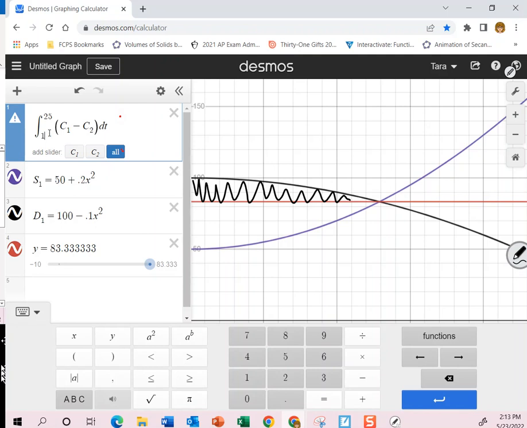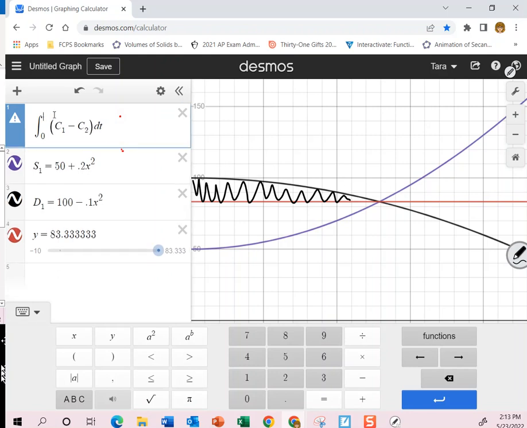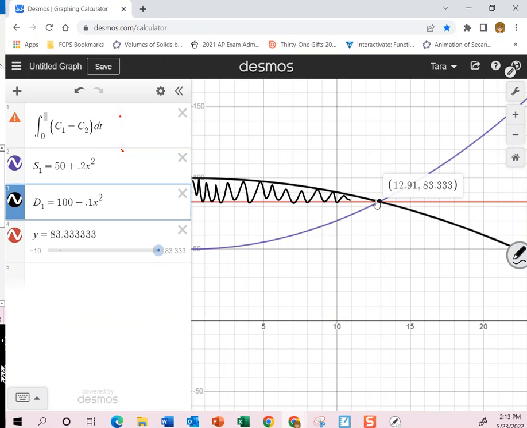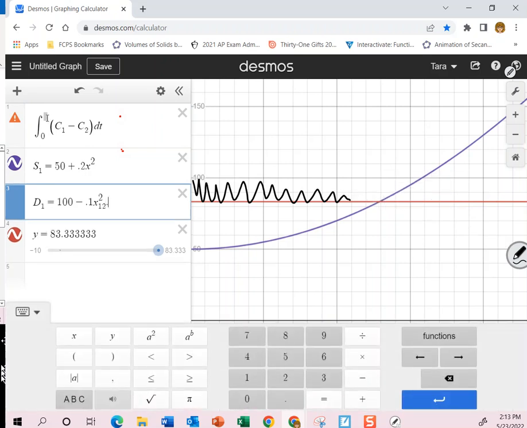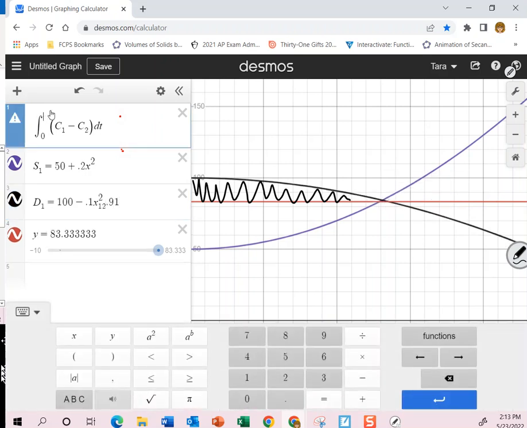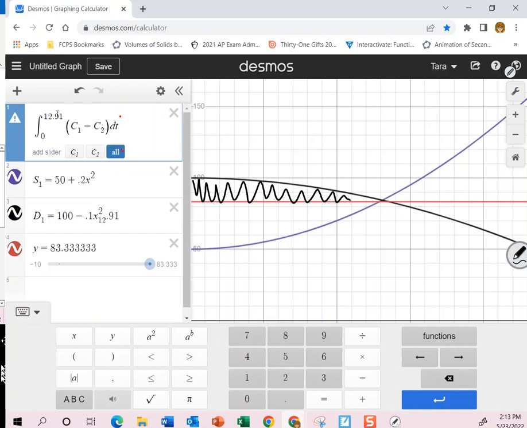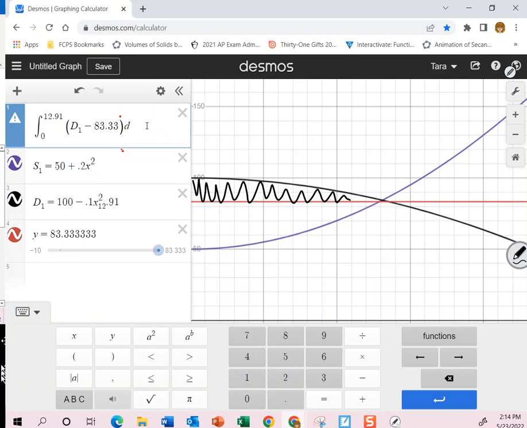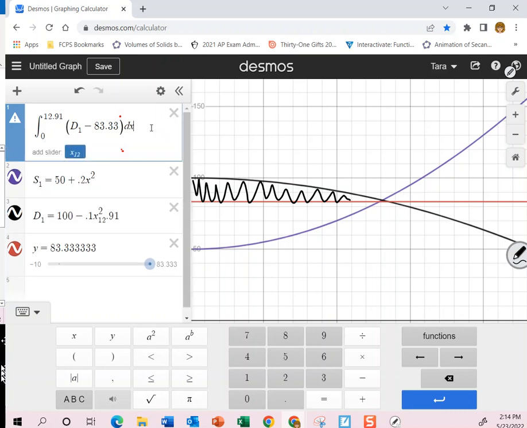And so here we go. We're going to integrate from 0 to that intersection x, so 12.91. We use the demand function minus y from that, and we have to make sure the algebra matches.